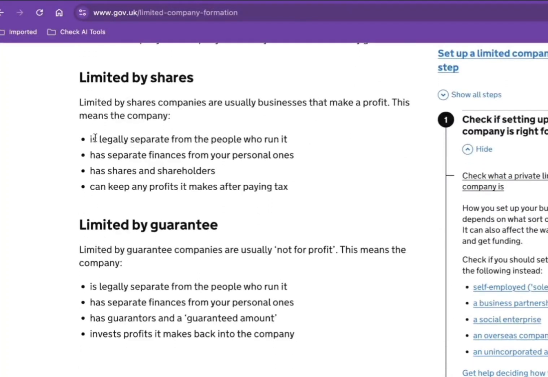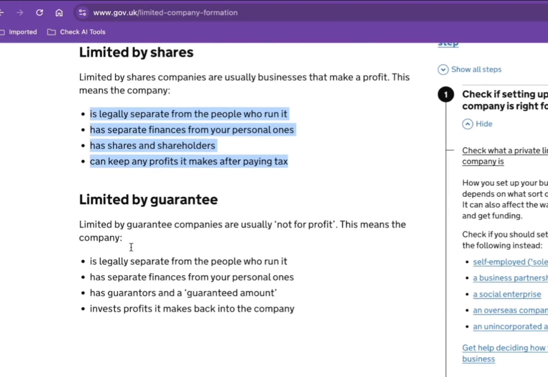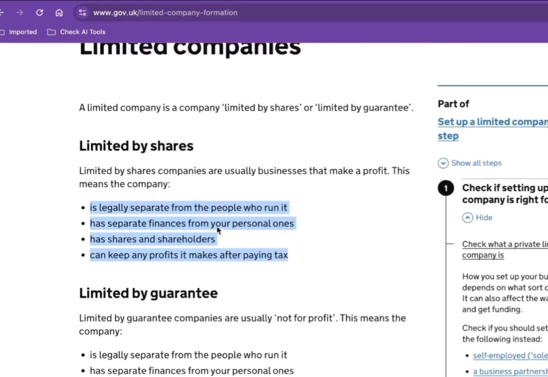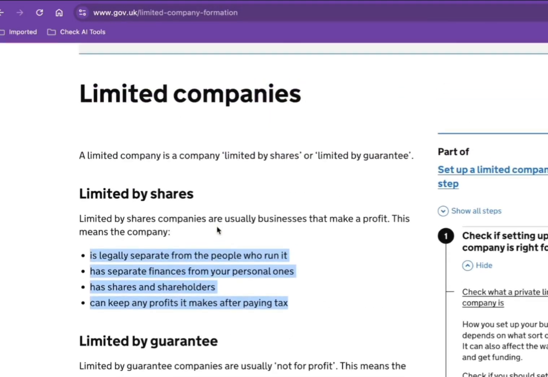You can see this one right here is separate from the business owner who is running it, and this is also limited by guarantee. So this is the way it works. If you are taking, let's say, a loan under a limited company, then normally the lenders cannot come after your personal assets.